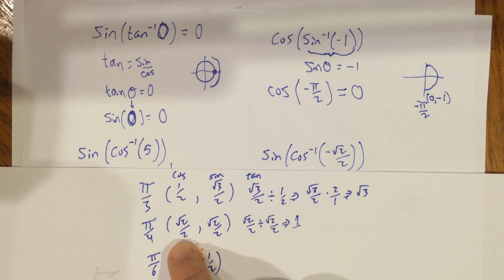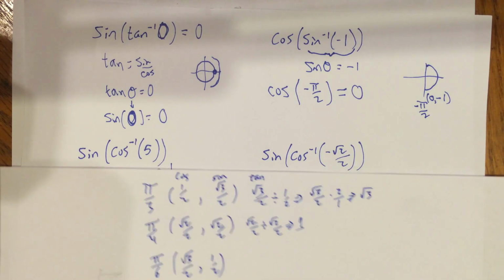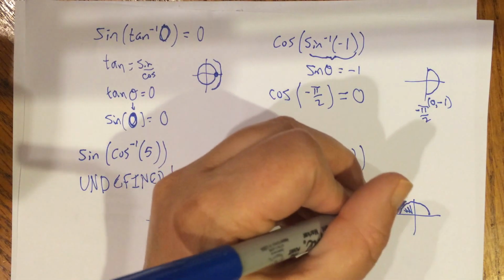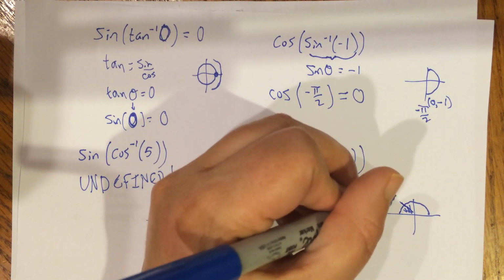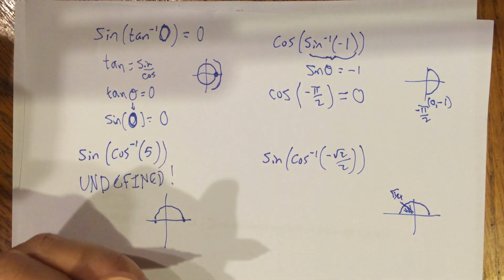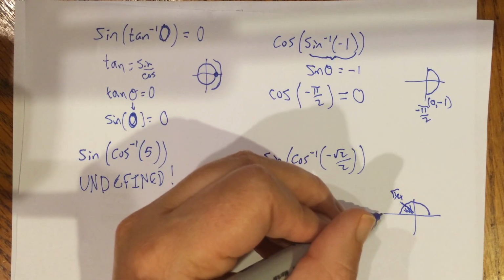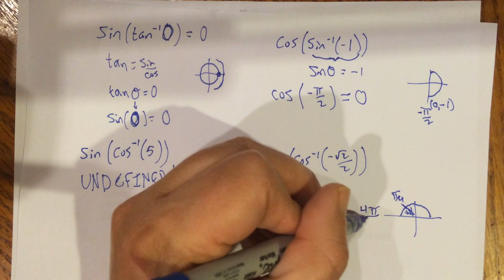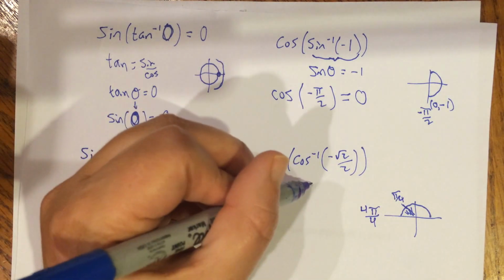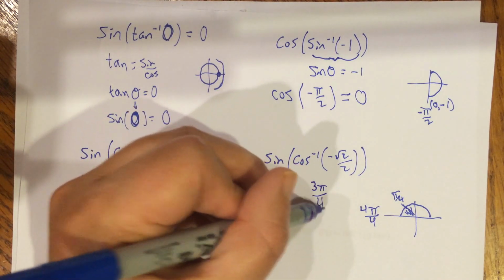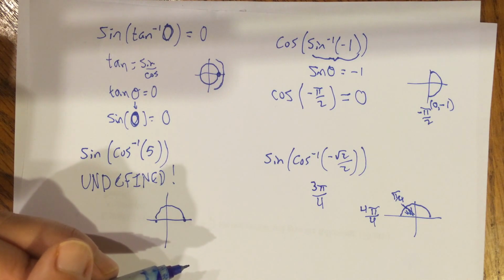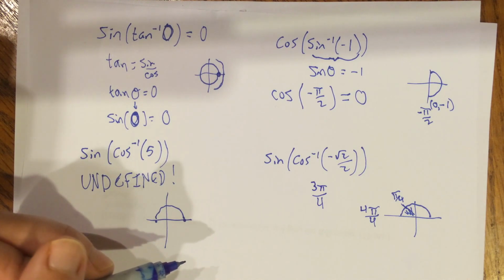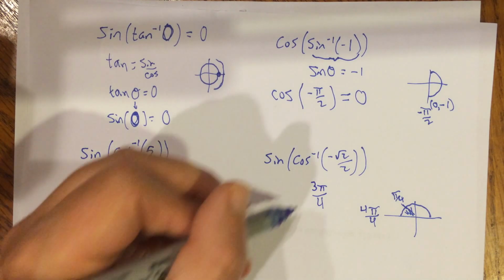So right there, cosine's my x, so pi over 4. So I'm looking for pi over 4, but I'm looking for pi over 4 on this side, so whatever the pi over 4 is over here. So pi over 4 away from pi, so that would be, here would be pi, so I'm looking for 4 pi over 4 minus pi over 4 would be 3 pi over 4. So cosine inverse of -square root of 2 over 2 is 3 pi over 4.